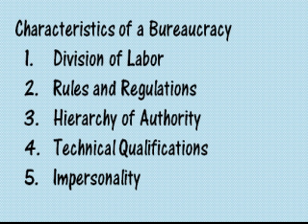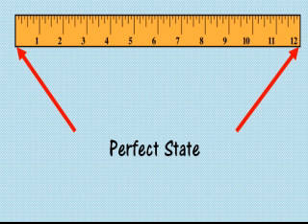Now we can use this concept of the ideal type in our research and in our theorizing. Let me give you an example that's a little bit clearer to understand. We can look at a ruler, if you will, and we can talk about the ruler being our concept of the ideal type. So let's talk about, in its perfect state, what our concepts in America today are of femininity and masculinity.